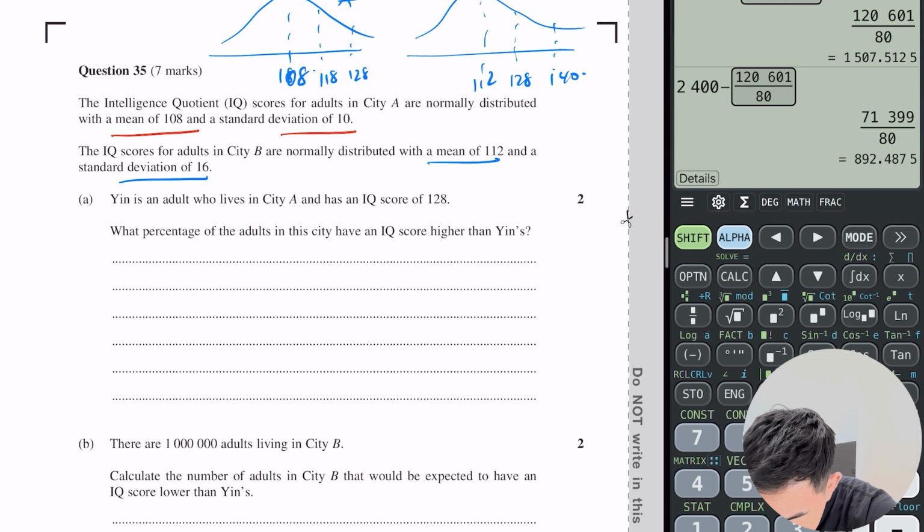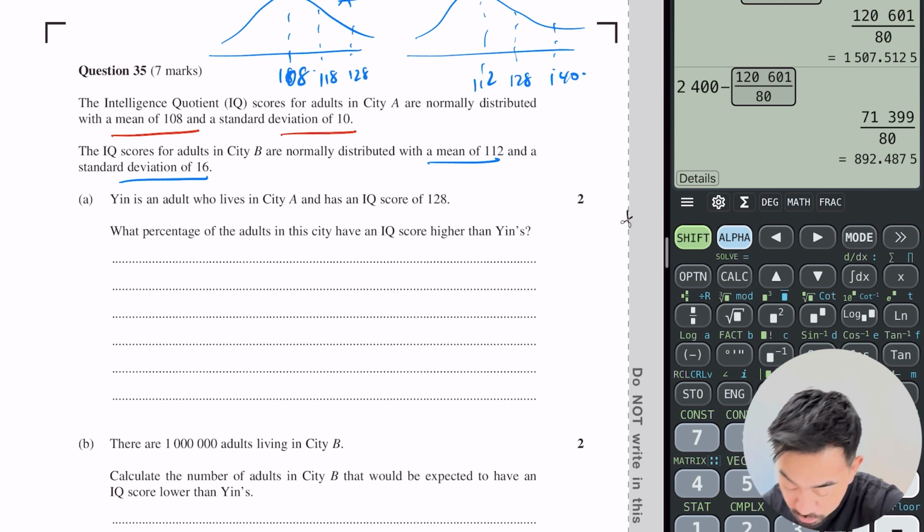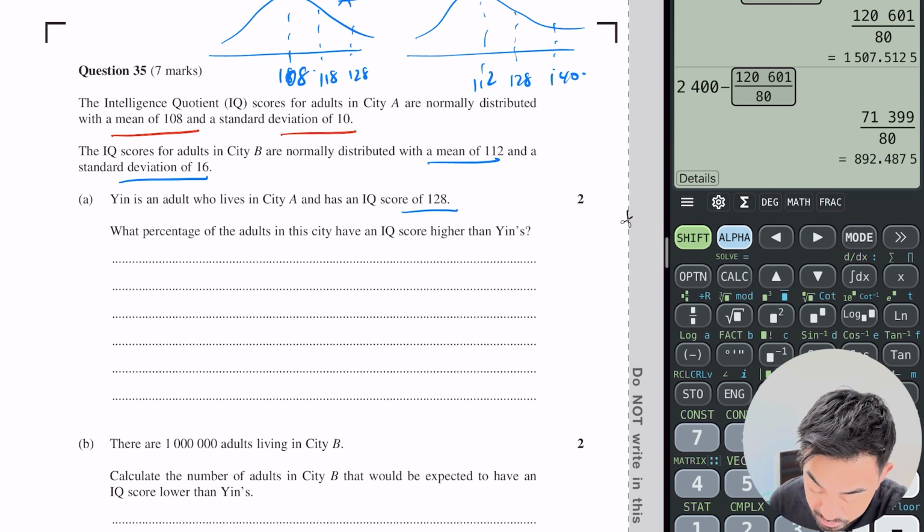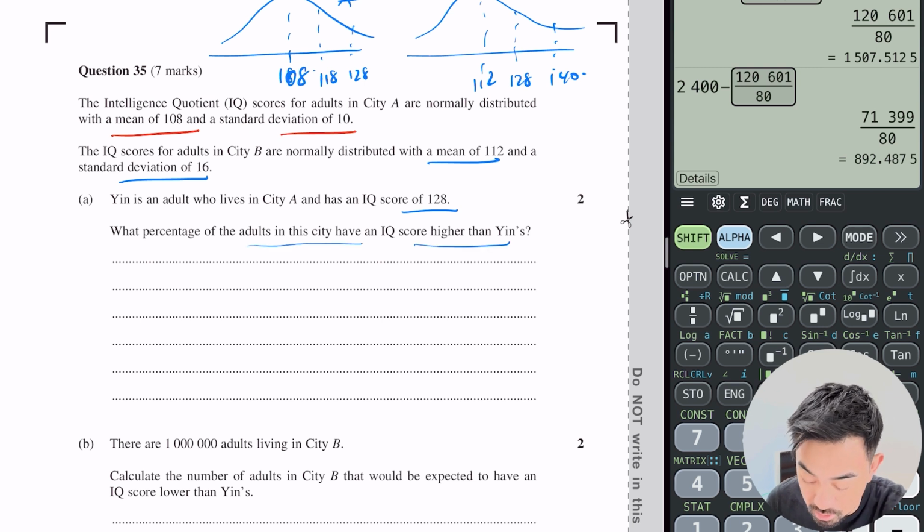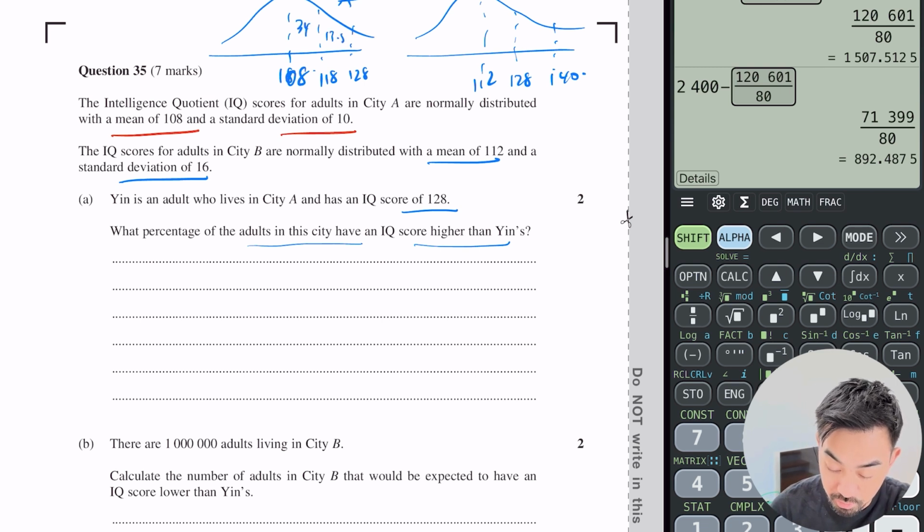So Yin is an adult who lives in City A and has an IQ score of 128. What percentage of adults in this city have an IQ higher than Yin's? Well, Yin is sitting here, which is 2 standard deviations above the mean. So remember, this is 34%, 13.5%, and this is 50% here.